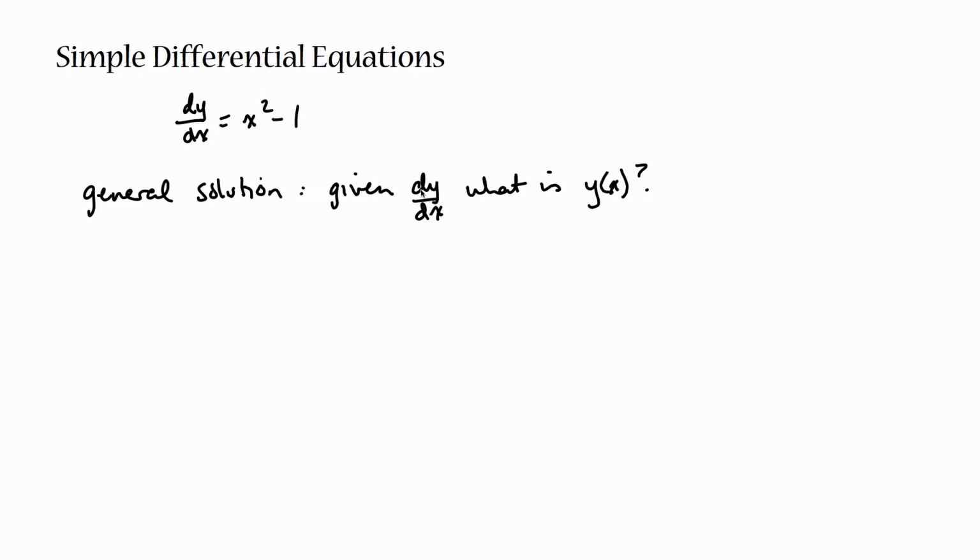If we solve the differential equation, that means finding an expression for y at all values of x. It tells us how the model behaves everywhere for all time. For simple differential equations like this one, which is a separable, linear first order differential equation, I can solve this one by just first separating the dy and the dx like so, and then integrating both sides.